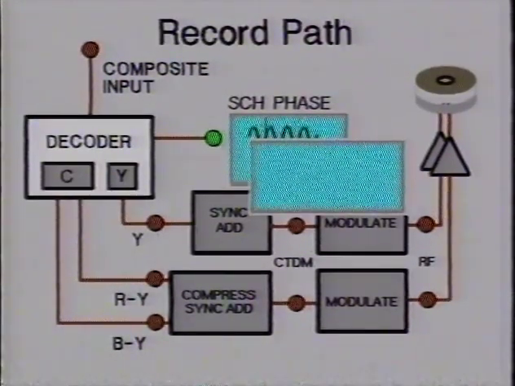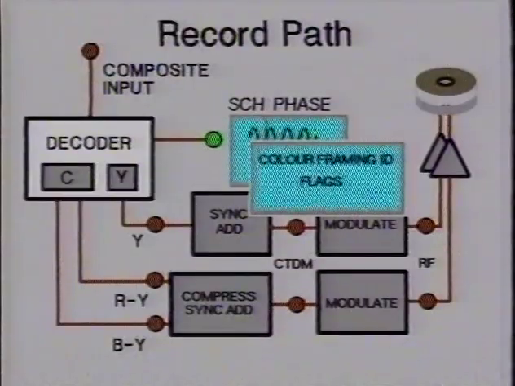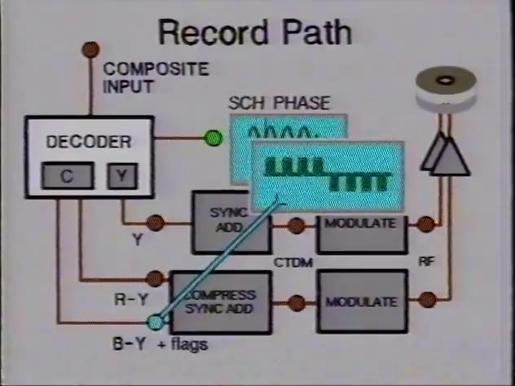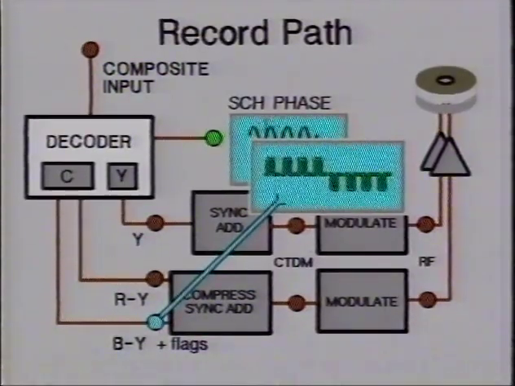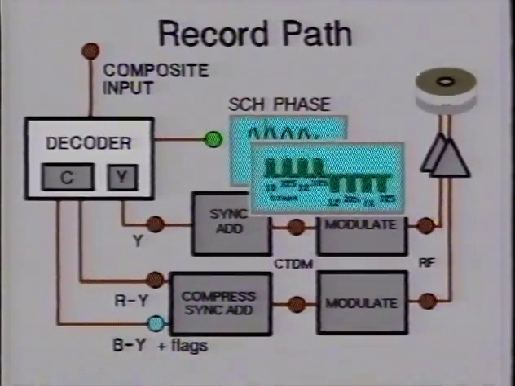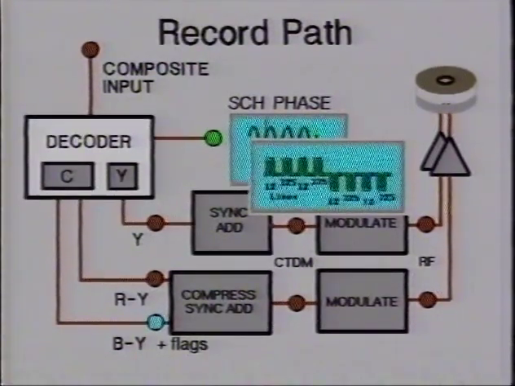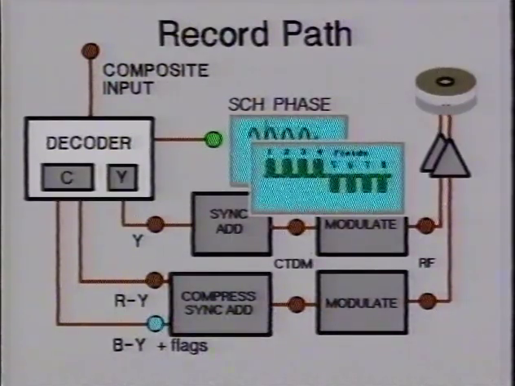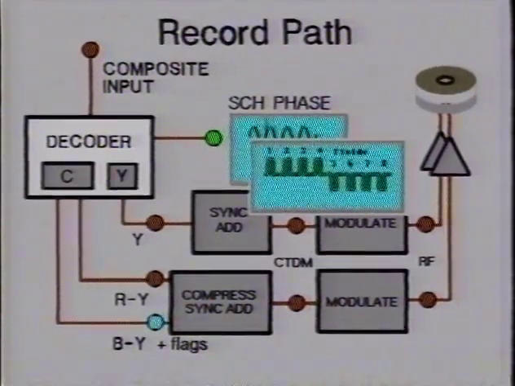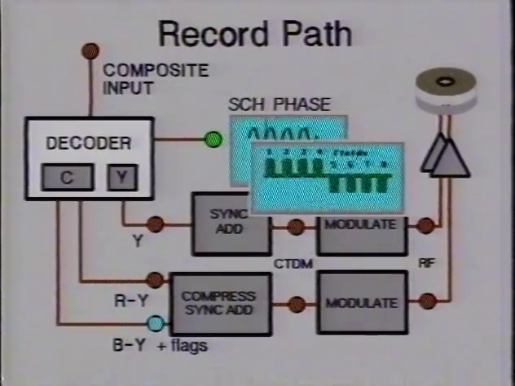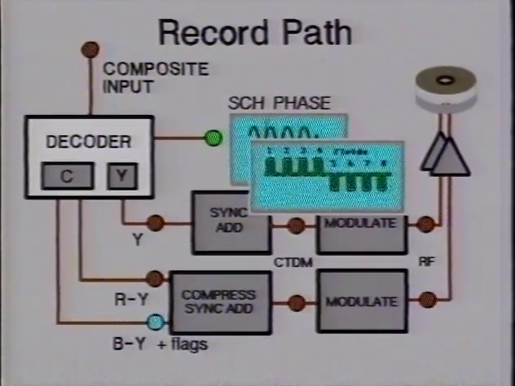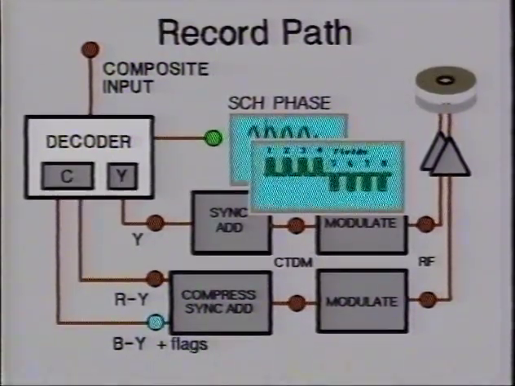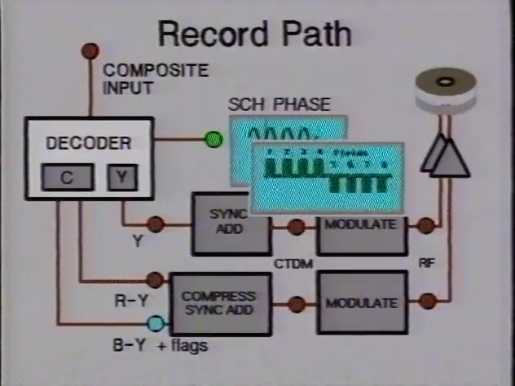The first of the two signals are colour identification flags, which are gated into the B-Y vertical interval on lines 12 and 325. The first positive going pulse of the group gives the start of the 8-field sequence. As the flags are essentially either 0 or 180 degrees, they cannot portray any error in the SCH phase of the incoming signal.